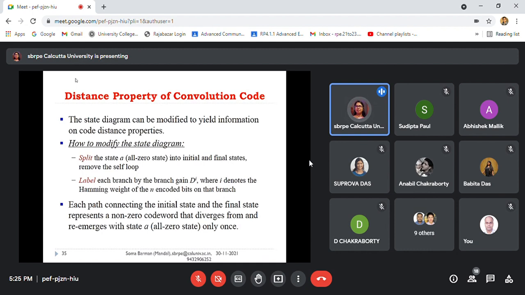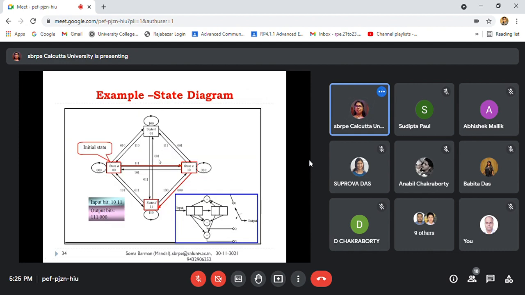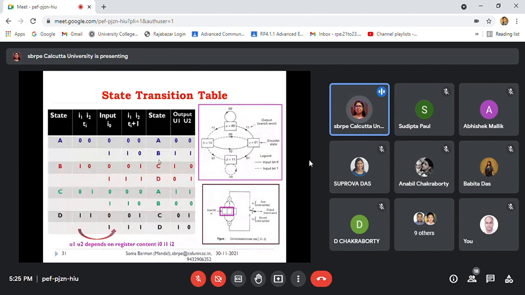So how to modify the state diagram? To modify the state diagram, you have to split the state 0. State 00 means state A. So split A, the all-0 state, into initial and final state, and remove the self loop.